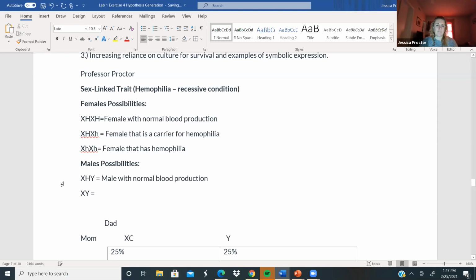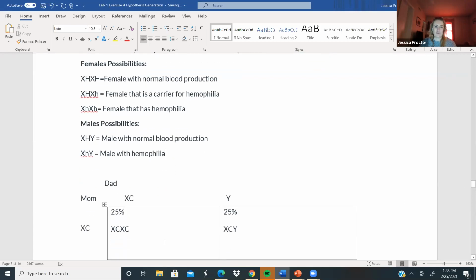Okay, and then if that male has the recessive lowercase h on his X chromosome, then this is a male with hemophilia. Okay, you guys with me so far? So it's the same idea as the cat example, same idea as the colorblind example. We're just looking at a different trait that is also X-linked.